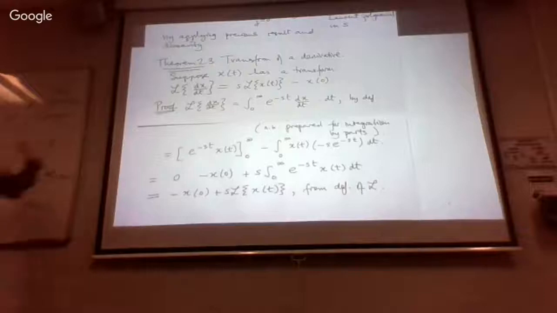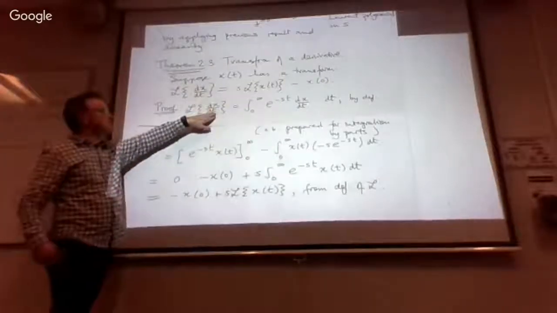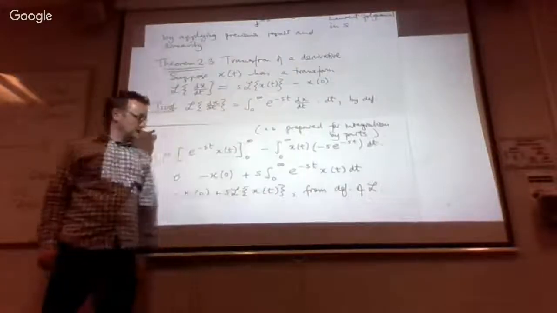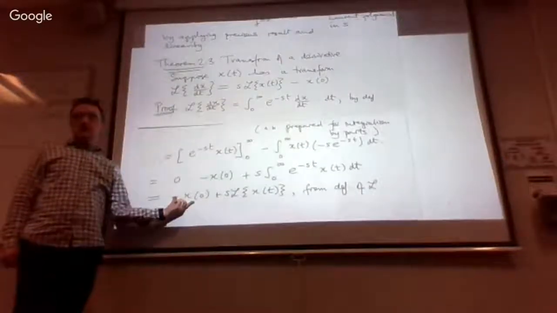So this operation of differentiating the function is the same as multiplying the transform by s and shifting the whole thing by some constant.